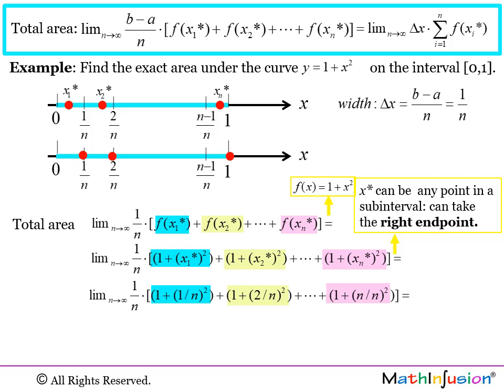So I'm going to replace x sub 1 star with 1 over n. The second one is the right endpoint of the second subinterval. It is 2 over n, and so forth. And the last one is 1, but to keep the pattern here, I will write n over n, not 1.